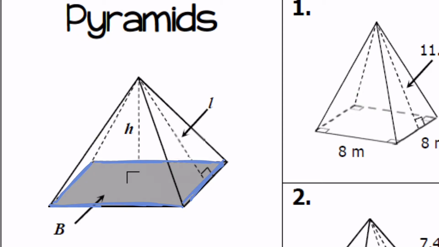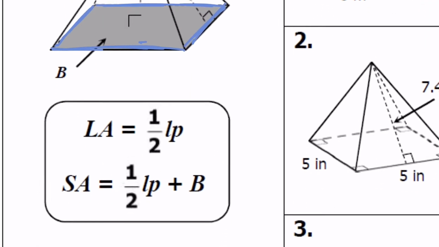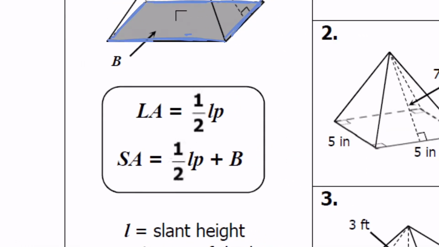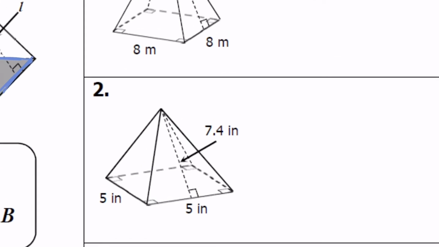So what you're essentially doing to find the surface area of a pyramid is finding the area of the base, and then the area of each of the 4 triangles that go around the outside and make up the faces, and adding those all together. And so we use this formula: 1/2 times the slant times the perimeter of the base, so that's our lateral area, plus the area of the base.